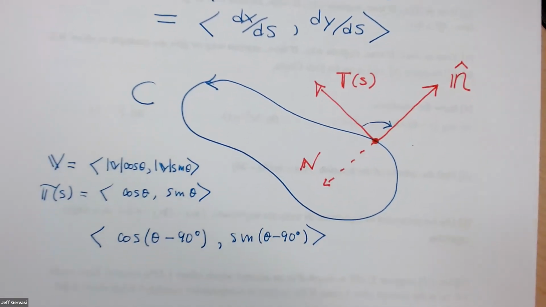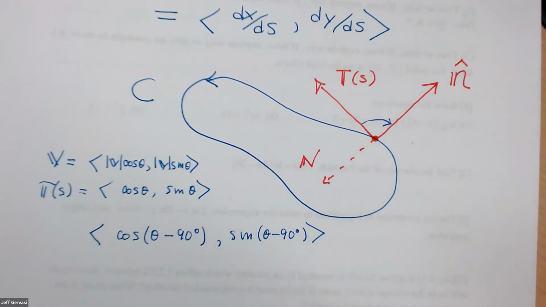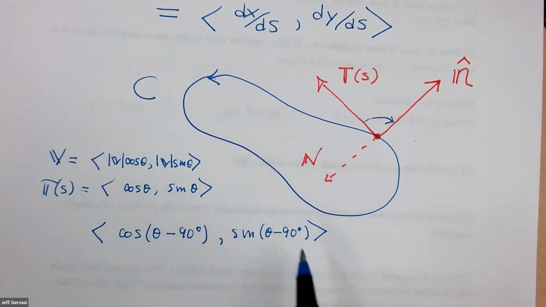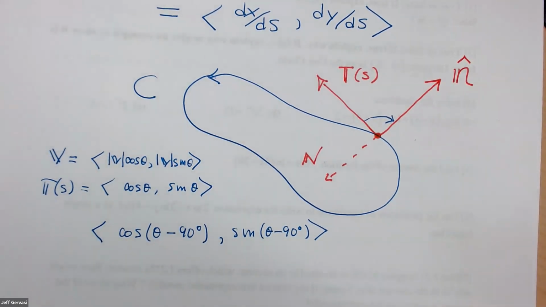Okay, now that's me being lazy. We usually use radians, right? So it should be minus pi over 2. That's just me being lazy. But we should use the radians. That's typically how we do things.